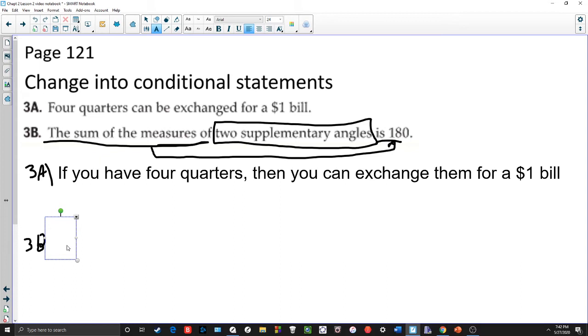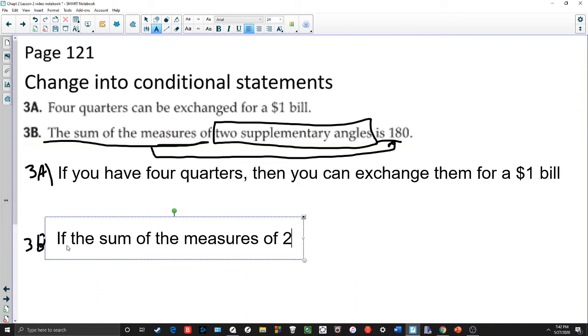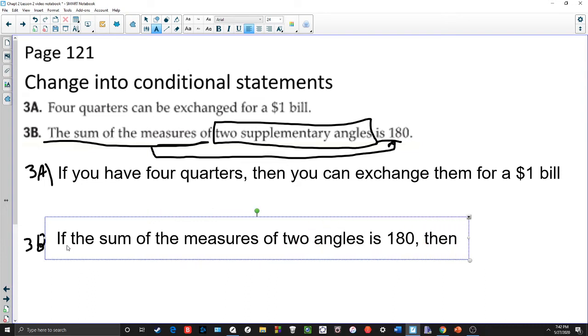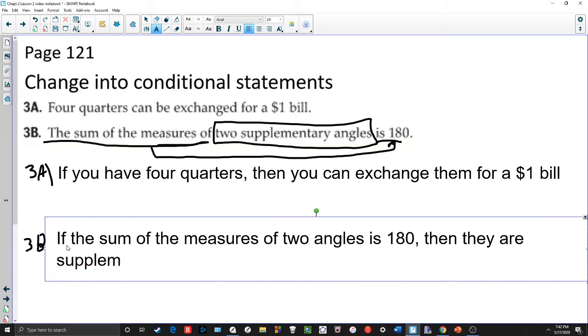I would say, let me do it in the way they wrote it here: if the sum of the measures of two angles is 180, then they are supplementary. So I have the hypothesis, if the sum of the measures of two angles is 180, then my conclusion is they are supplementary.